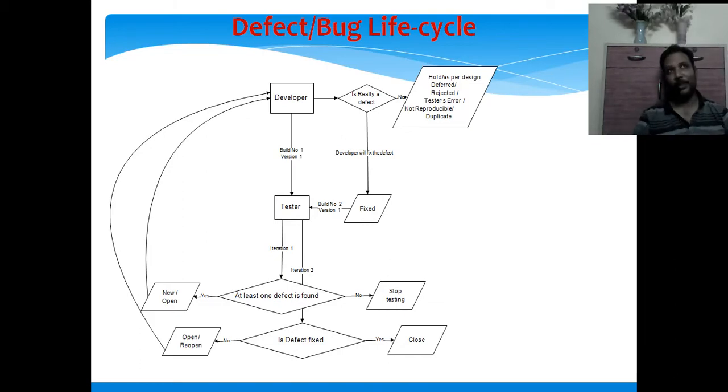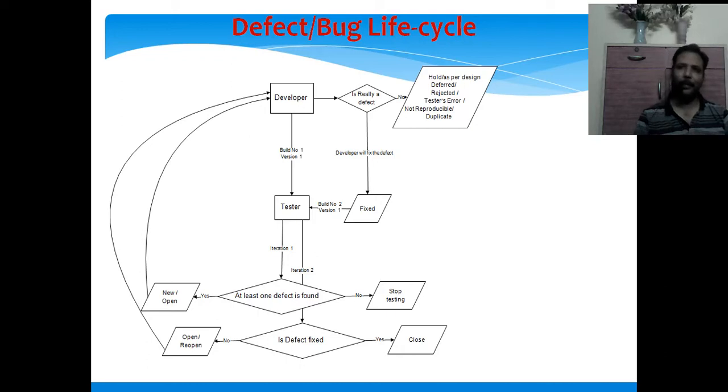Then what is the version? Version will be like 1.2, 1.3, or 1.0. If any changes come, then the version changes. When the build changes, the build number will change.